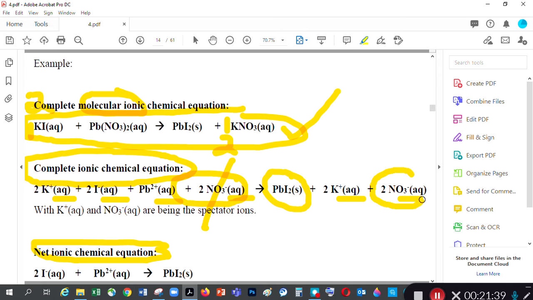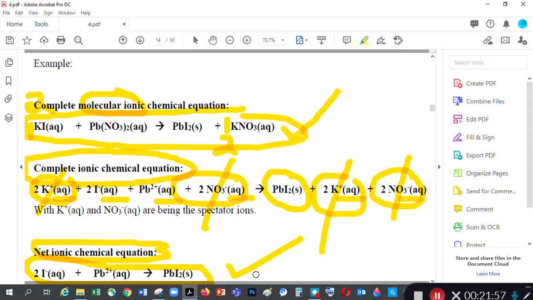Here nitrate is out, and potassium ion is out. So the real driving force of the ionic chemical reaction is between iodide and lead 2. So this is the net ionic equation.